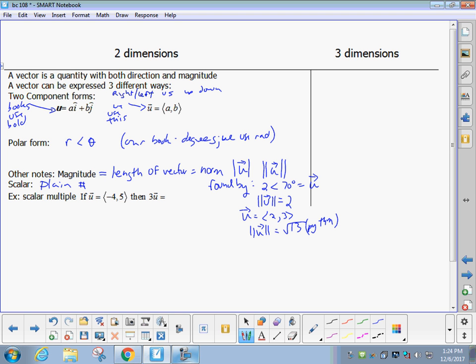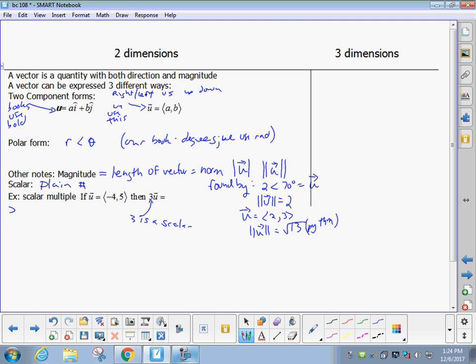Often you'll see scalars or plain numbers thrown in conjunction with vectors. For example, you might see a scalar multiple of a vector. If I gave you vector u, and then I asked for what's 3u, then 3 is a scalar. It's just a plain number used with vectors, and it's stretching the vector out in both directions by a factor of 3.